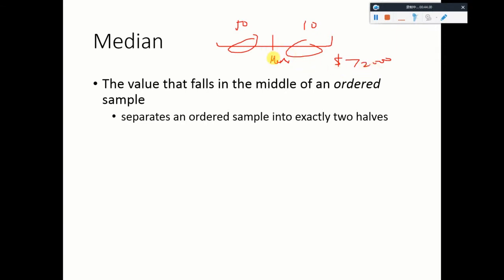So that's the meaning of median, okay? And that's what we mean when we say that median splits the sample into two equal halves.